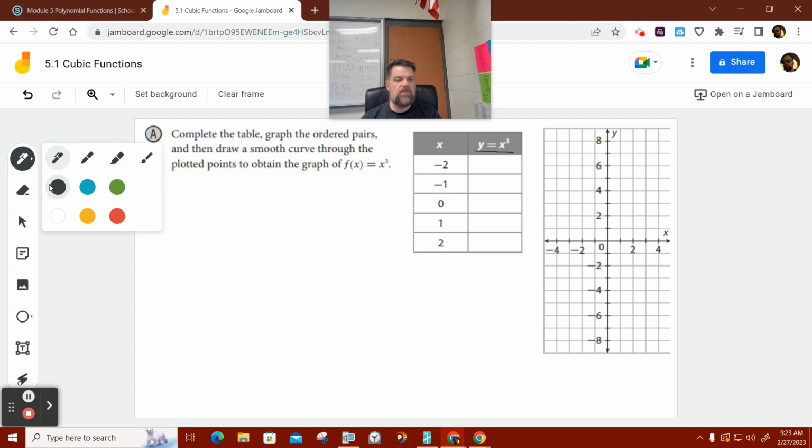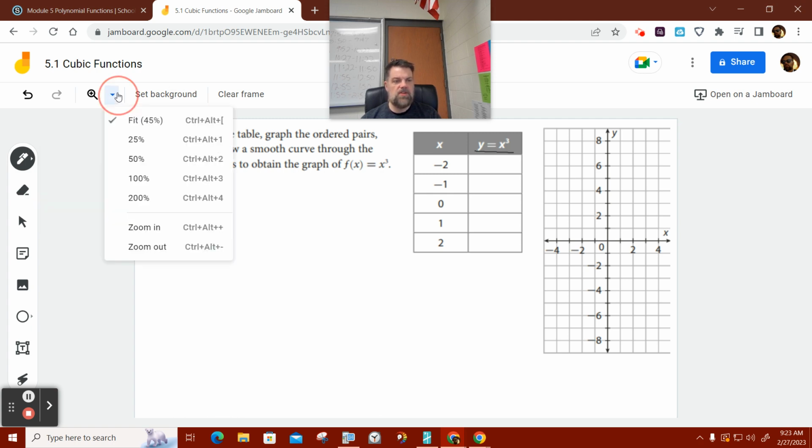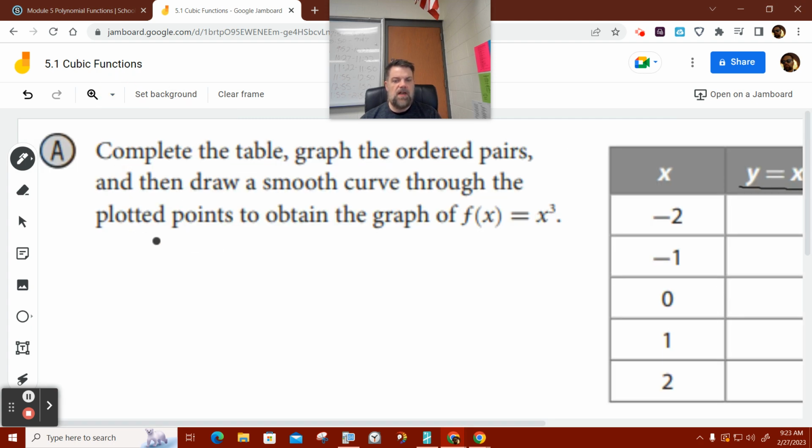So remember, if we use function notation, I'm going to zoom in a little bit here. If I use function notation and I say f of x is equal to x cubed, then I can plug in these values for x. Remember that f of negative 2 is equal to, wherever there's an x, I'm going to plug in negative 2.